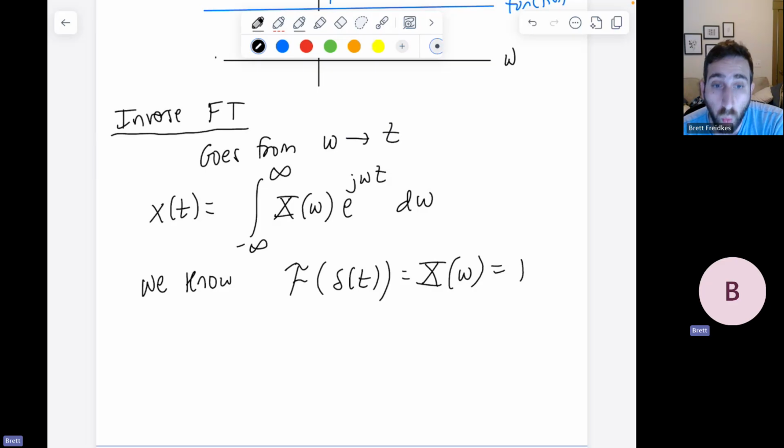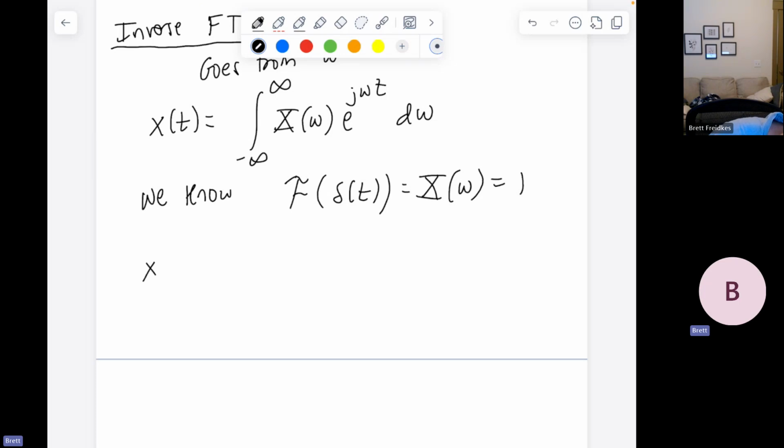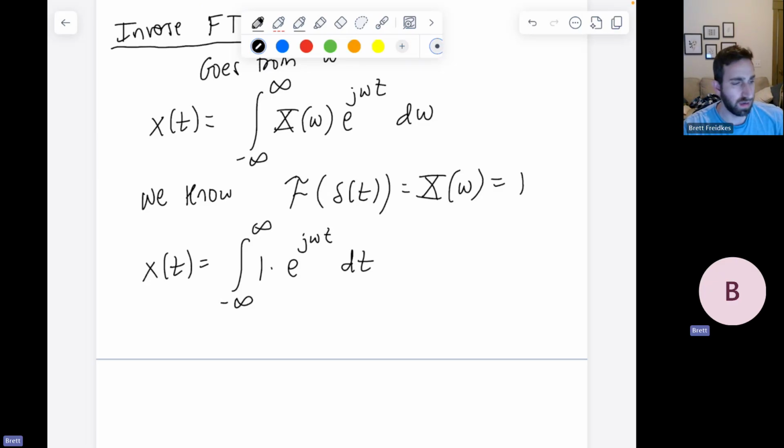So if I were to plug 1 in for X of omega, what will I get for X of t? Because we should get the Dirac-Delta function. The integral of 1 times e to the j omega t. I did it again, d omega, sorry. It's very common to write dt.